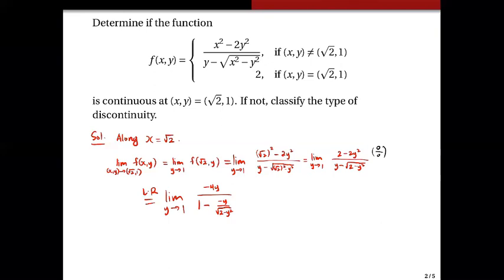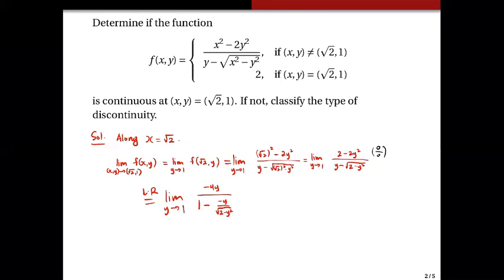So look at this. As y approaches 1, the numerator is non-zero. So at least we will have some answer: either we'll get a limit, which is a number, or the limit does not exist, depending on the value of the denominator.